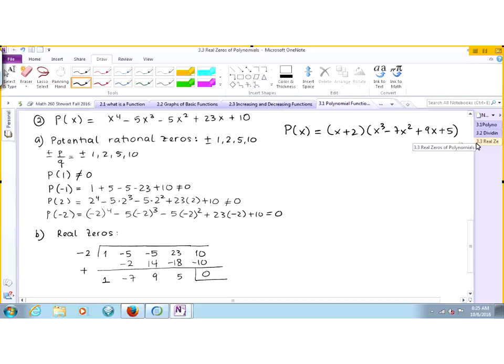Okay. Can you factor this? No, right? So you sort of have to do it again. Do you see? So I'm going to call this Q of x, which is a reduced polynomial.